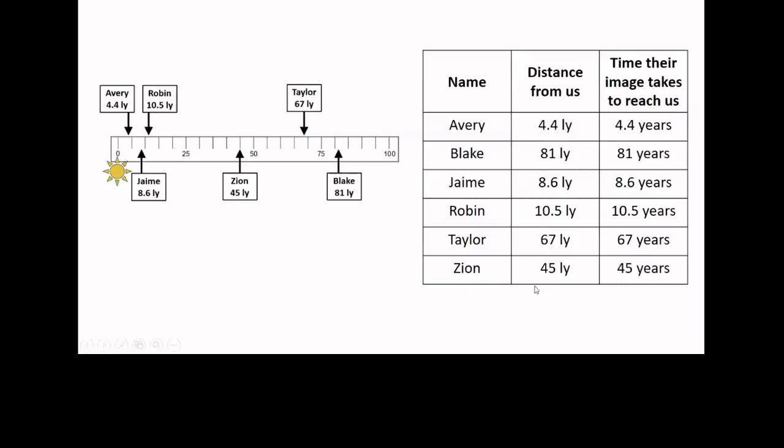The distances from that activity are reproduced here, and the time that it takes for the image to reach us would just be the distance in light years multiplied by the speed of light. We can take that in the form of a ratio. If that's 1, then for example, Avery's image would reach us after 4.4 years because it's traveling a distance of 4.4 light years.